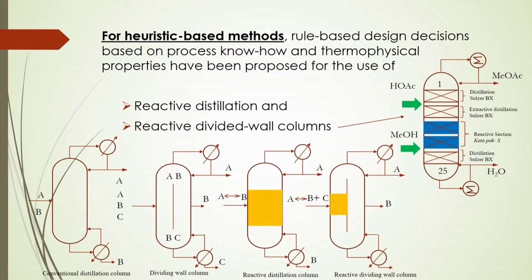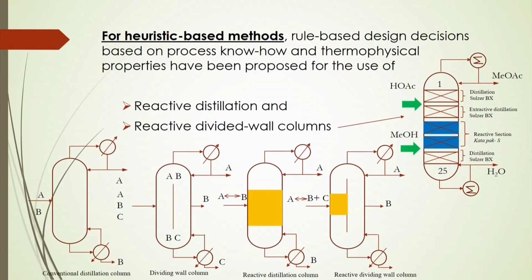Whereas, if you are using the reactive distillation column, A and B will be used for reaction as well as the separation of the product of A and B and unreacted A and B. That product should be taken care of after separating A and B from the top and bottom parts of the reactive distillation column. And there is also the reactive dividing wall column.